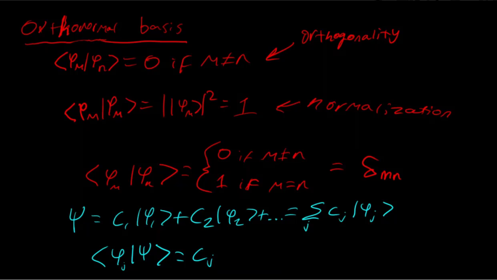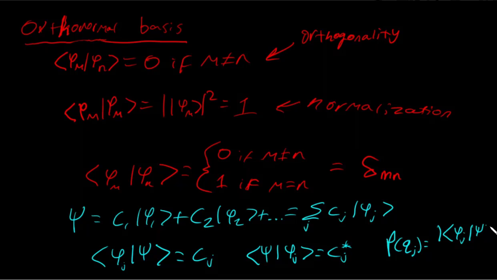So phi1 inner product with psi will be C1. Similarly, we know that psi inner product with phi j would be Cj star. You can show that, and then you can see that the probability of q sub j would equal, because this is how we're defining probability, the norm squared of phi j inner product with psi, which is equal to the norm squared of Cj, which is also equal to the norm squared of psi inner product with phi j.